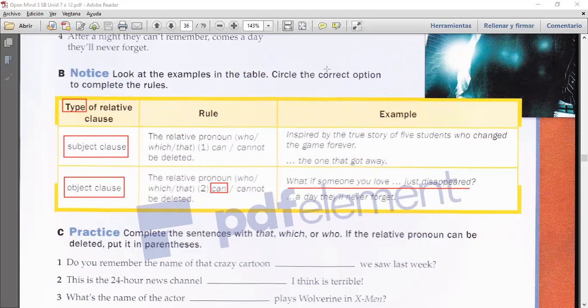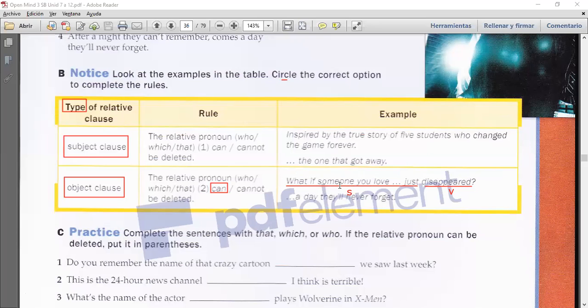How do you notice that? What is the subject clause? I mean, in this case, object, not subject, object clause. Yeah, this is the main sentence. The main sentence is organized by a subject and a verb. What if someone you love just disappeared?